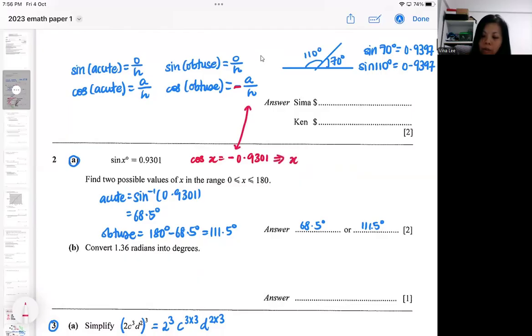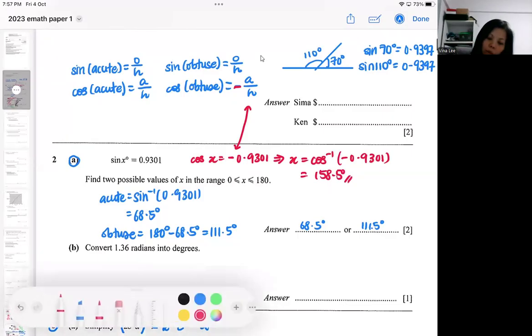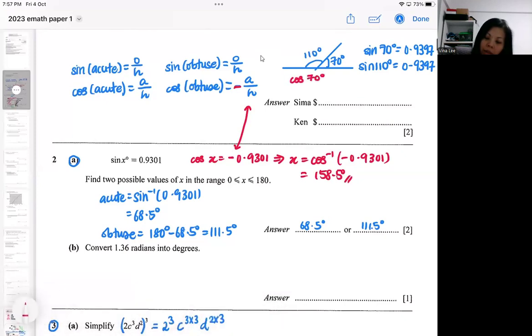So if it's obtuse, you just simply do cosine inverse of minus 0 point this, and you will get the obtuse angle. You can try it out. If you try the idea on cosine 70 versus cosine 110, you will realize that numerically they are the same, but they have a sign difference.